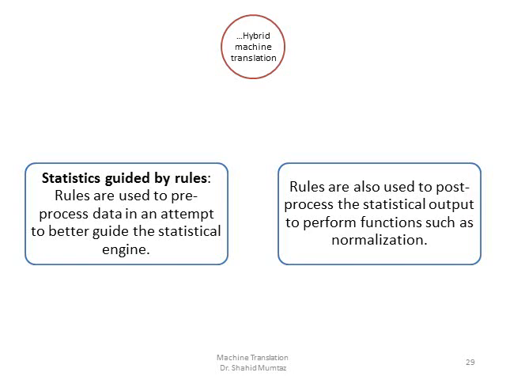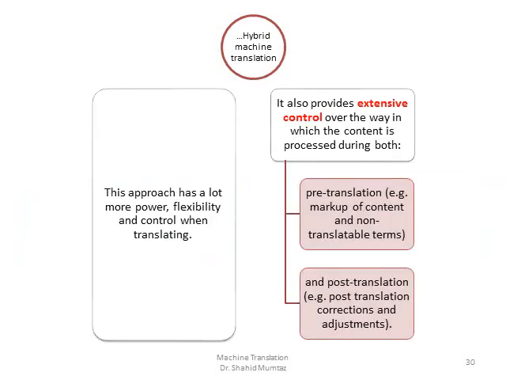Statistics guided by rules: rules are used to pre-process data in an attempt to better guide the statistical engine, and rules are also used to post-process the statistical output to perform functions such as normalization. This approach has a lot more power, flexibility and control when translating.